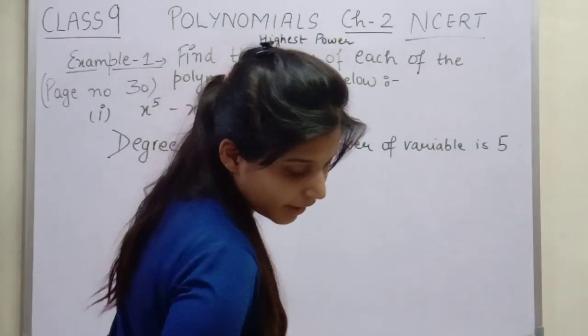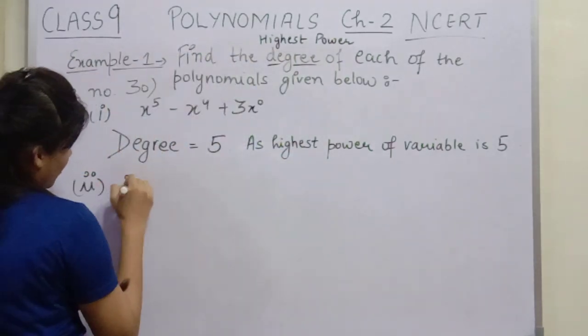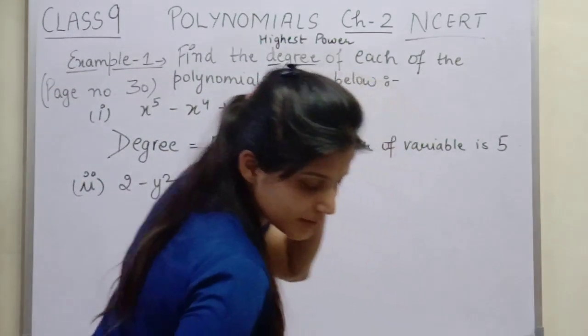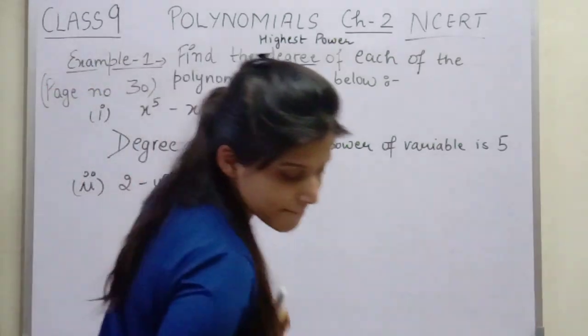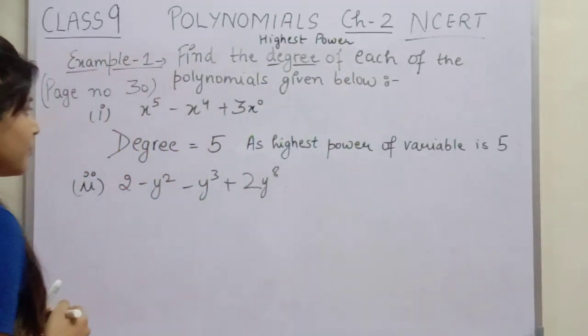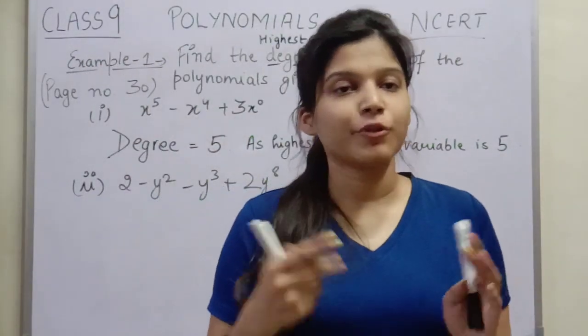So our second part is 2 minus y square minus y cube plus 2y raised to the power 8. So you see children, this is not in the standard form. Doesn't matter, we just have to tell the highest degree.